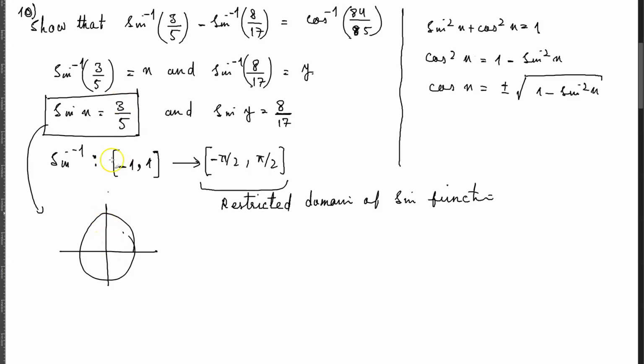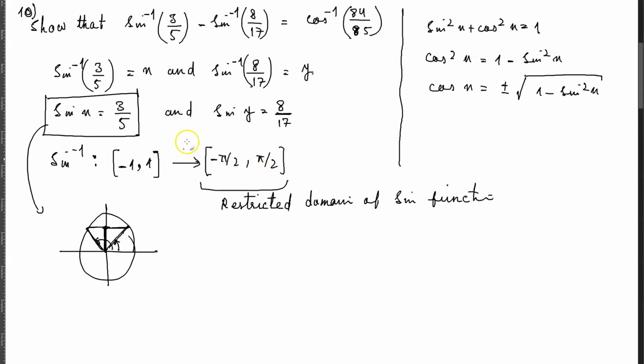For example, 3/5 would be this distance on the vertical axis. Then you could normally argue that I have some angle here, the sine of this angle would be this value, or the sine of this angle is again this value, so I have two angles that satisfy this equation.